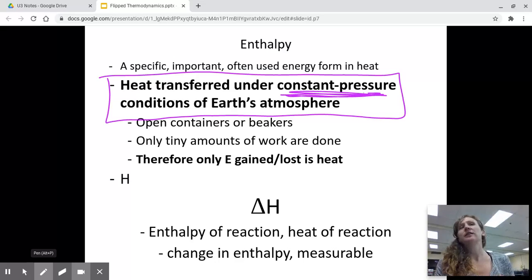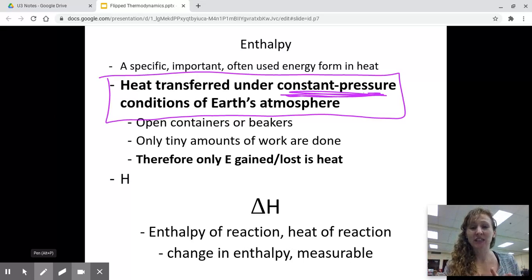So you can think of circumstances where this might be true, right? If you have a beaker and inside your beaker you are producing gas and the gas is flowing out into the atmosphere, well, remember that gas, in order to change the pressure of the atmosphere, has to change the pressure of like the entire Earth, right?